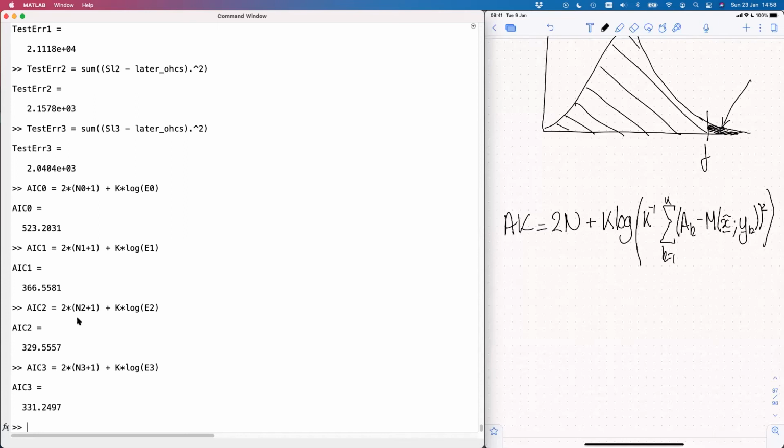And although we've been comparing a set of nested models up to now, we don't have that limitation with the information criteria. So we can happily compare models that have different structure and don't have parameters in common or generalizations of each other. And just to demonstrate that, let's consider one additional model here.